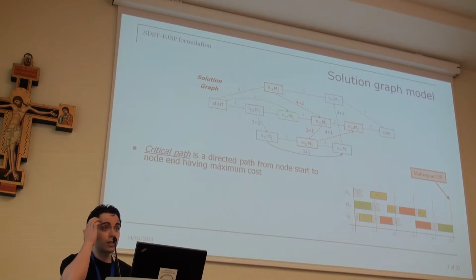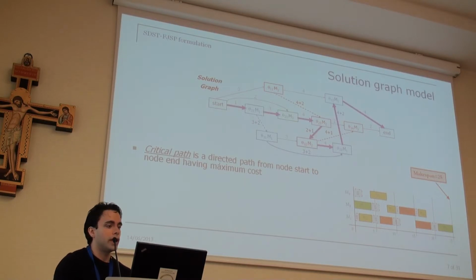And now, some very important concepts about the solution graph. First of all, the critical path is defined as the path with the longest cost from the start node to the end node. In this example, we have this longest path in pink, and the length of the longest path corresponds to the makespan.